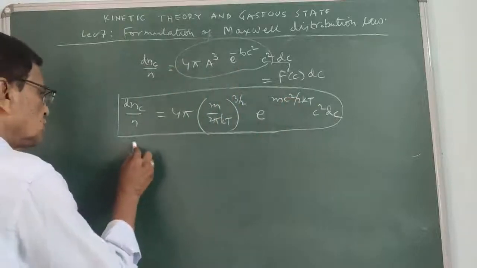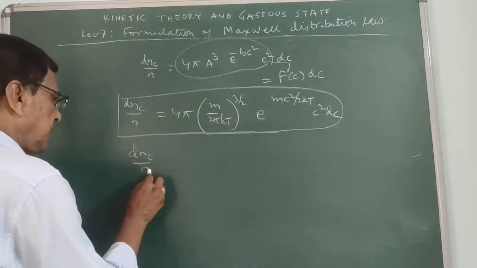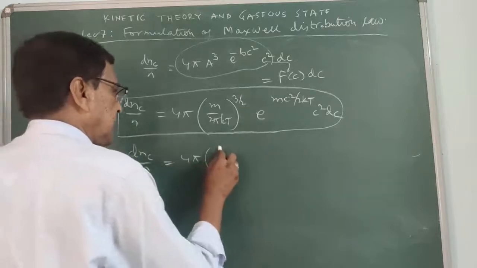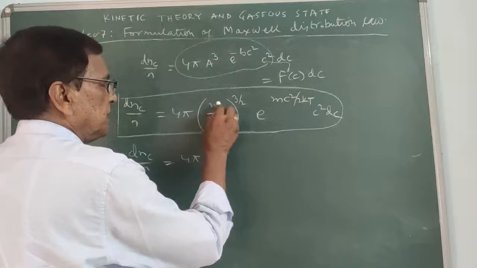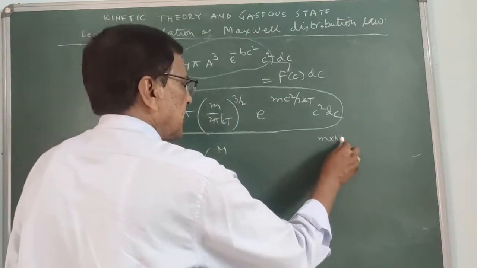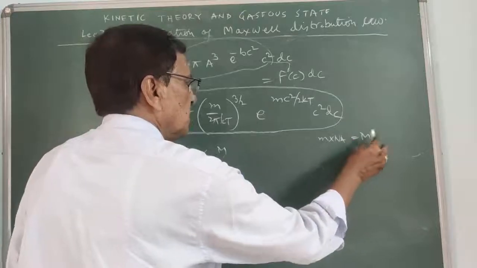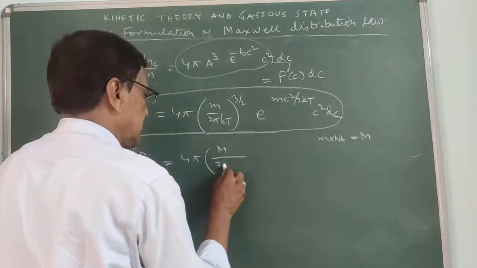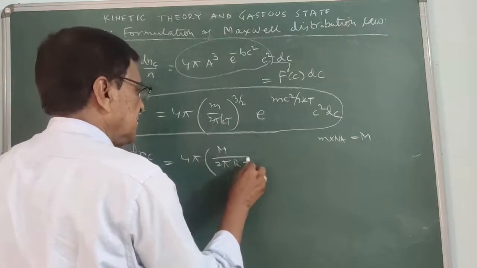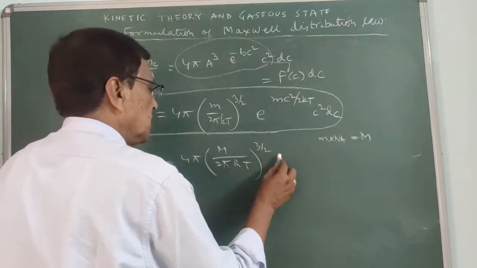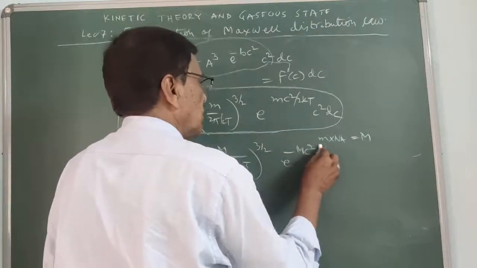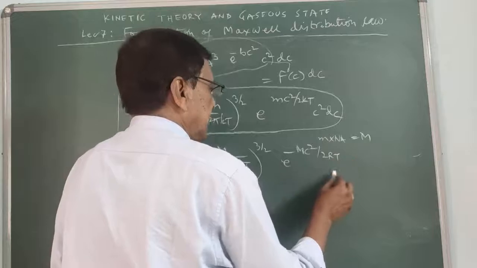This could also be written as dNc/N equal to 4π (M/2πRT)^(3/2) e^(-Mc²/2RT) c² dc, where m multiplied by the Avogadro number is the molar mass, and k multiplied by it gives R.